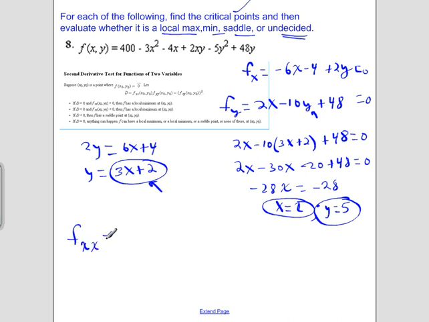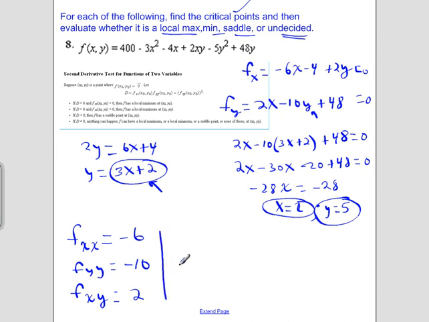Let's look at our second derivatives. So here we have negative 6 and negative 10, and f partial xy is 2. Independent of the point. Notice that the variables go away.